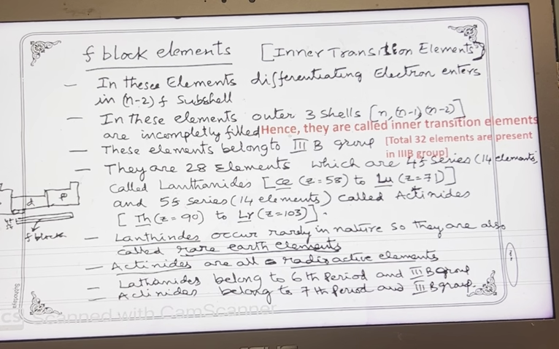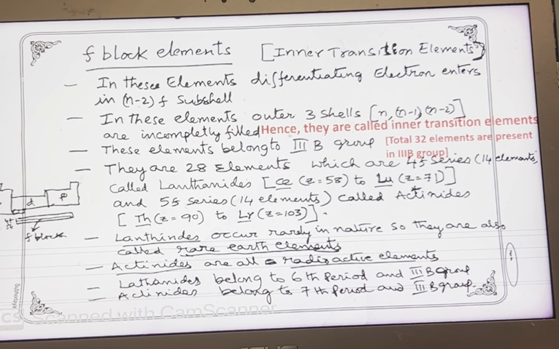Now, the f block, according to the definition: if the differentiating electron enters the f subshell of the n minus 2 shell, where n is the outermost shell, called the ultimate shell, then n minus 1 will be the penultimate shell and n minus 2 will be the anti-penultimate shell.